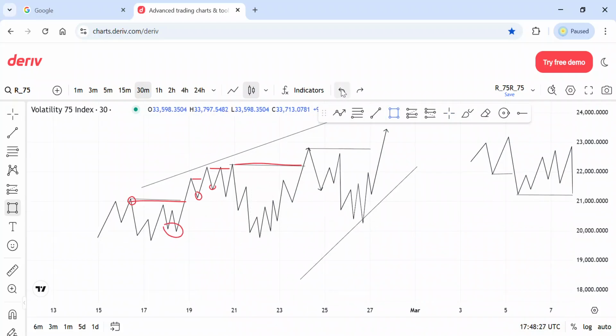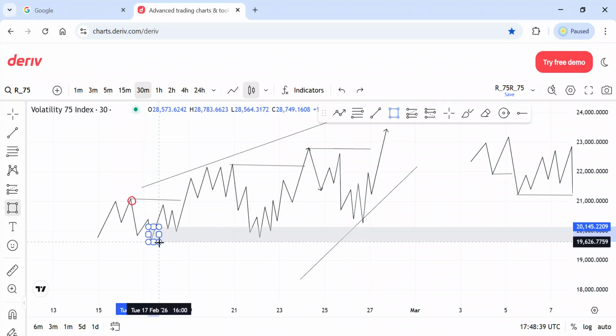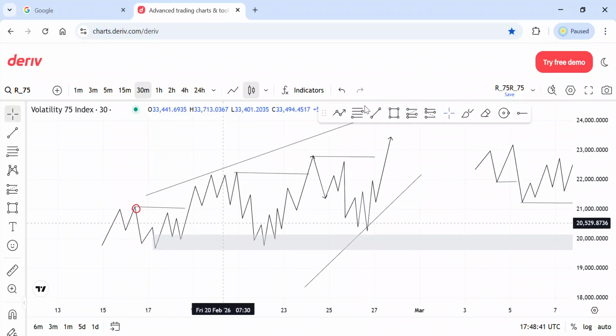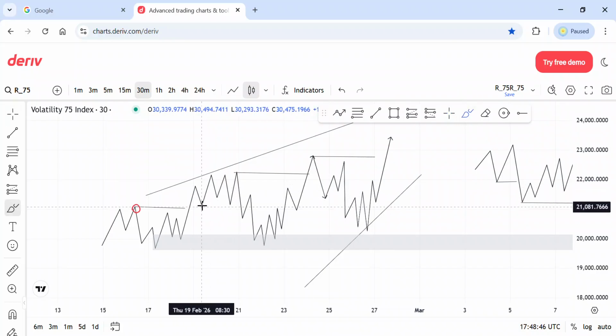So let me clear all this. Just like what happened here now, after this breakout here, we should be having our order block right here. So after this breakout, like I said when I explained the major inducement, this is our major inducement. Why?